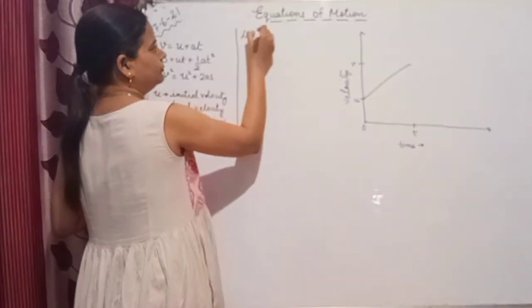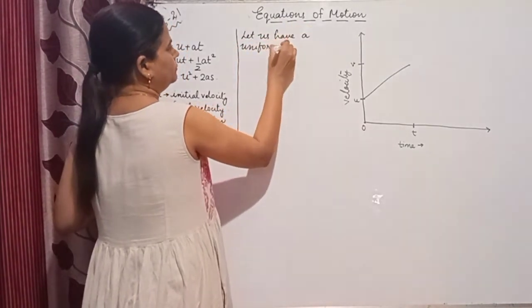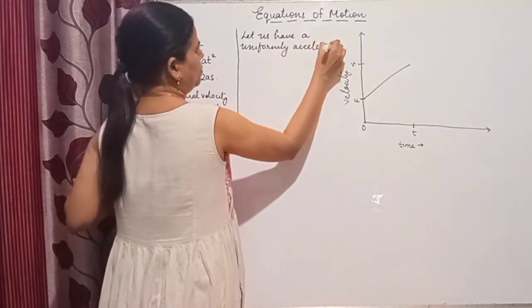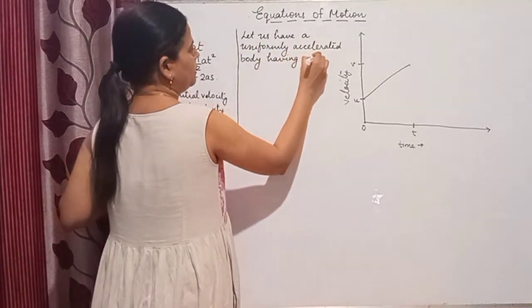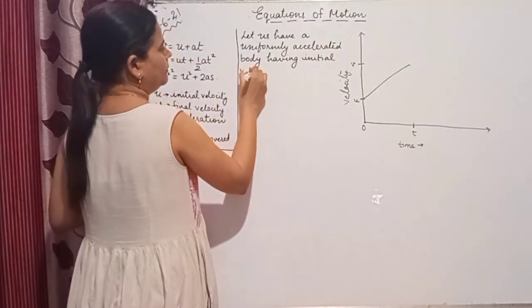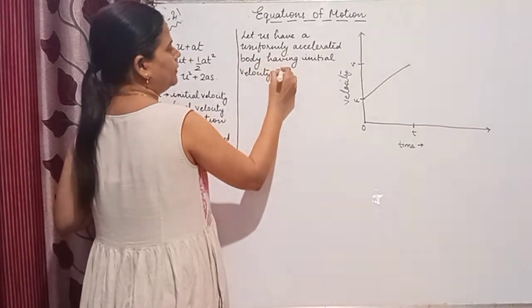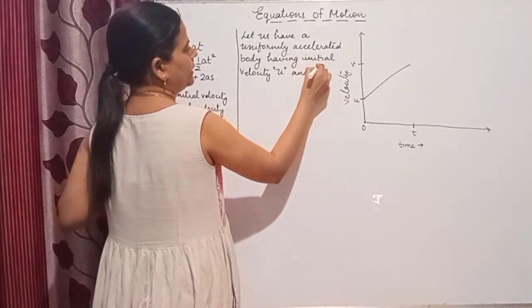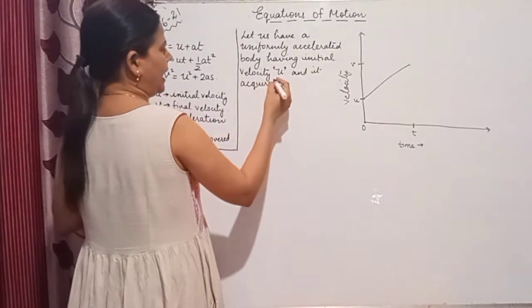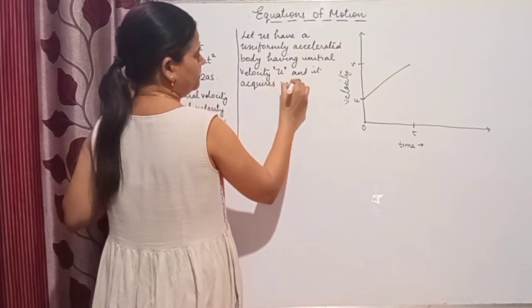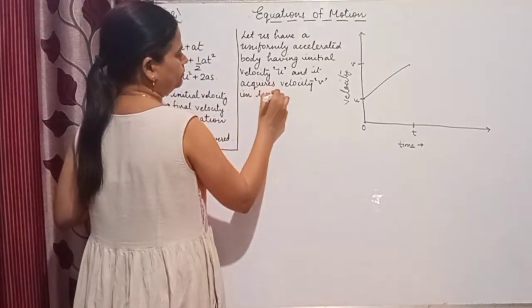Let us have a uniformly accelerated body having initial velocity u, and it acquires velocity v in time t.